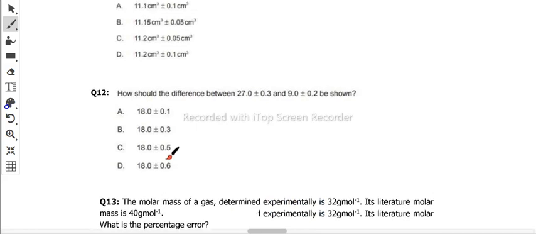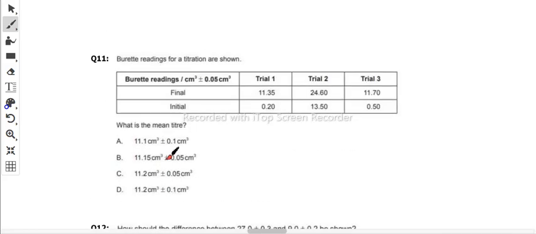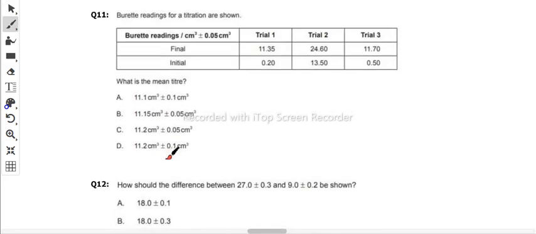Now we're going through question number 11. Burette readings for a titration are shown. You have final burette reading and you have initial burette reading, trial 1, trial 2 and trial 3. What is the mean titre and what is the absolute uncertainty of the mean? When talking about the mean, I need to calculate the average.